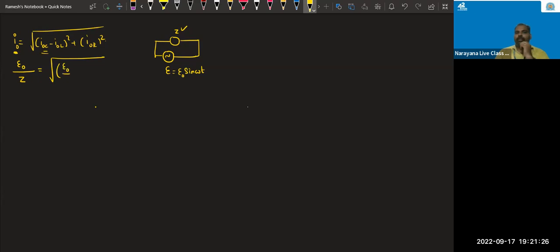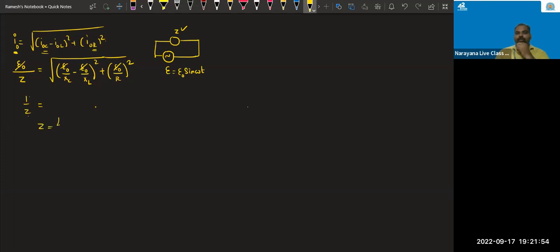Applied peak EMF divided by XC minus peak applied EMF divided by XL, the reactance of the inductor, whole square, plus E naught by R whole square. E naught square cancels out. So 1 by Z is called the reciprocal of the impedance.